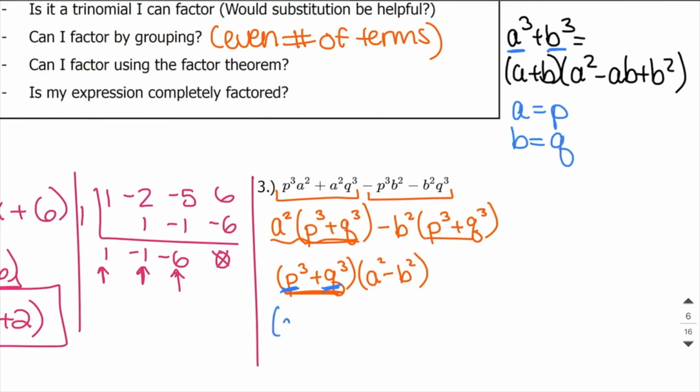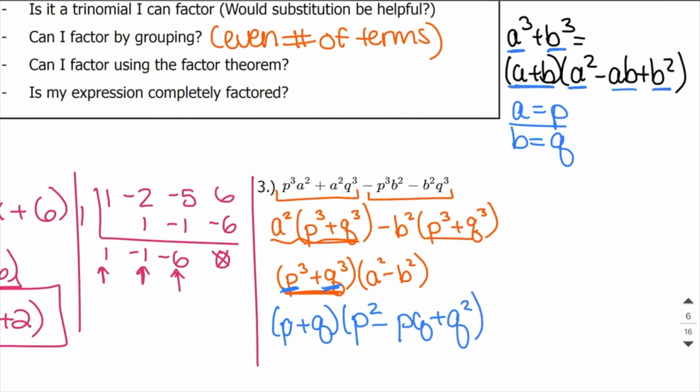So here I'm going to say that this is p plus q, because it's a plus b, times p squared, a is p, minus ab would be pq, and then b squared would be q squared.